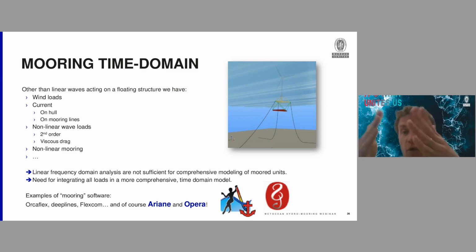The mooring will also react in a nonlinear way, so the linear spectral analysis is not sufficient to have a comprehensive modeling of moored units. So we need to integrate all the cited loads in a more comprehensive model, which will have to be in the time domain. Examples of such mooring software are OrcaFlex, DeepLines, FlexCom, and of course in Bureau Veritas, Ariane and Opera.